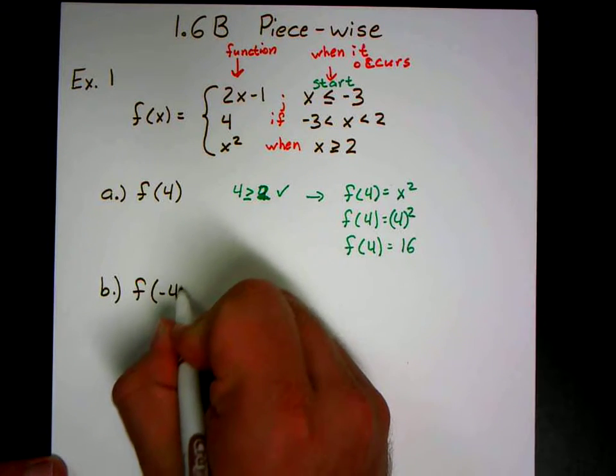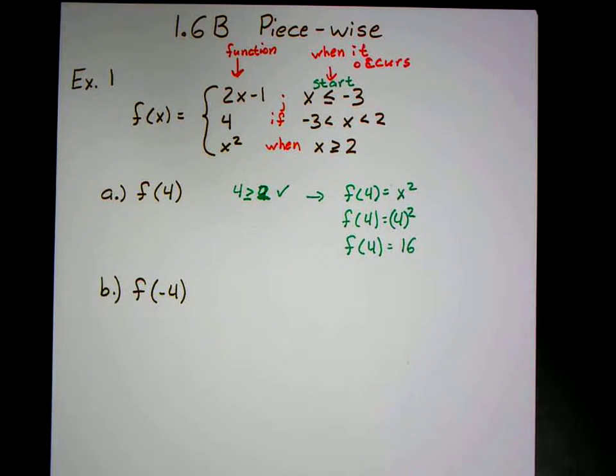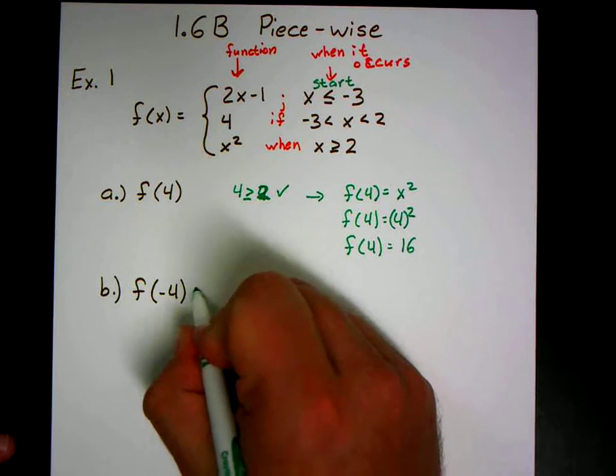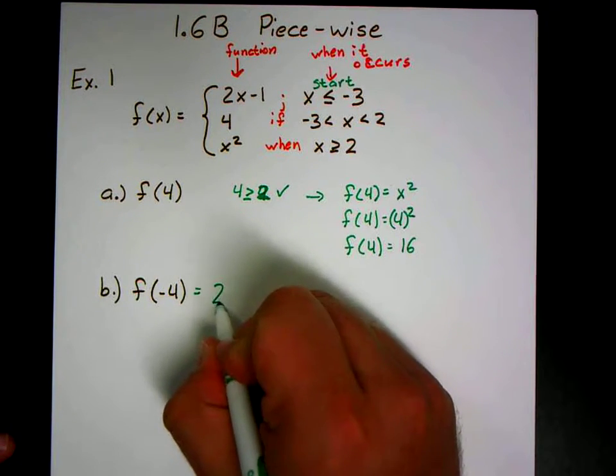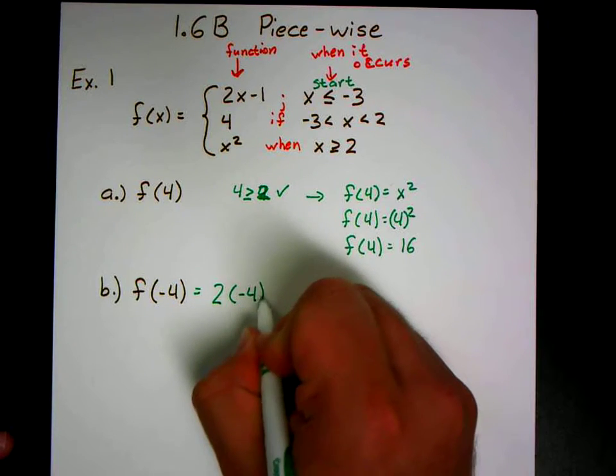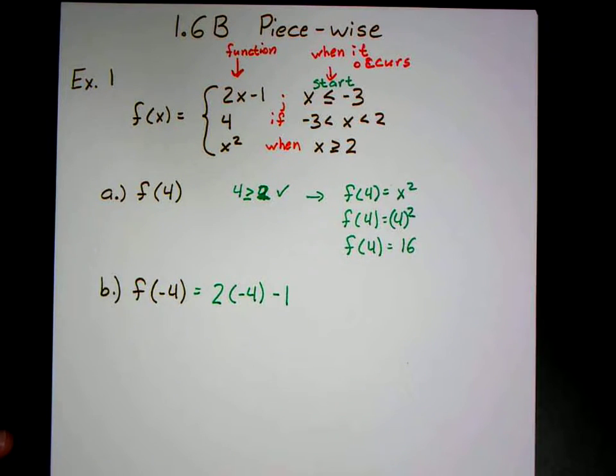So if I did f of negative 4, which one would I plug that one into? Yeah, that one will go into the 2x minus 1, because negative 4 is less than or equal to negative 3.